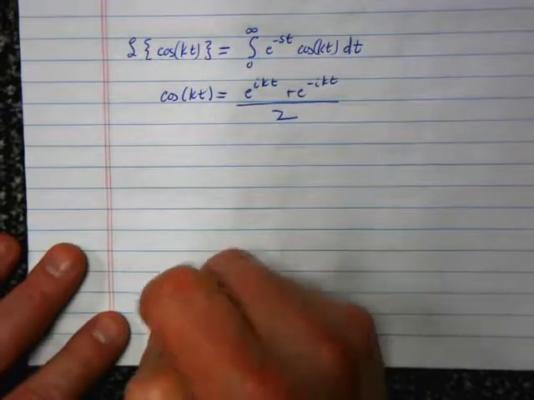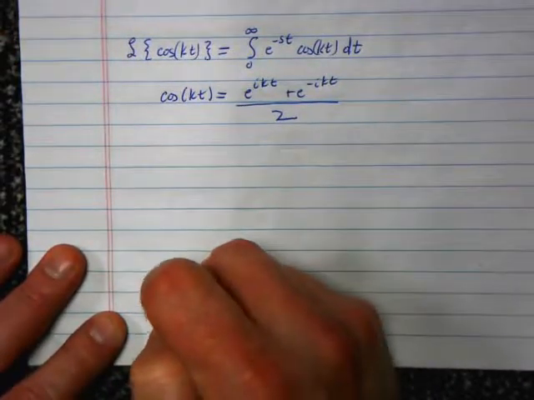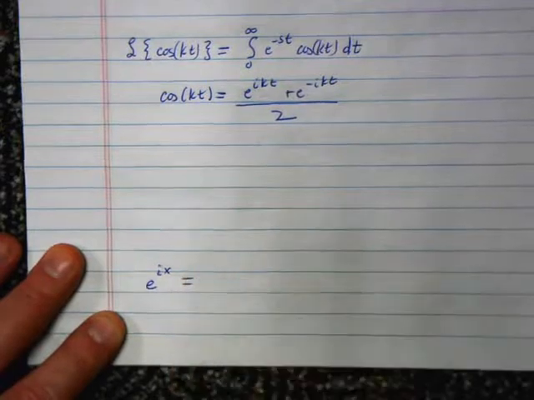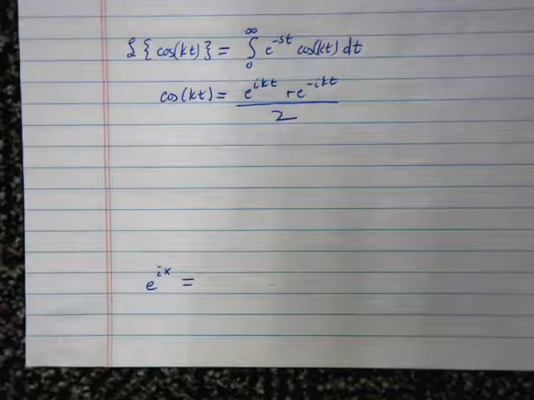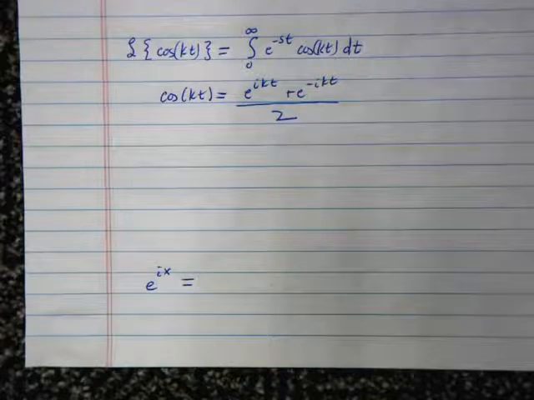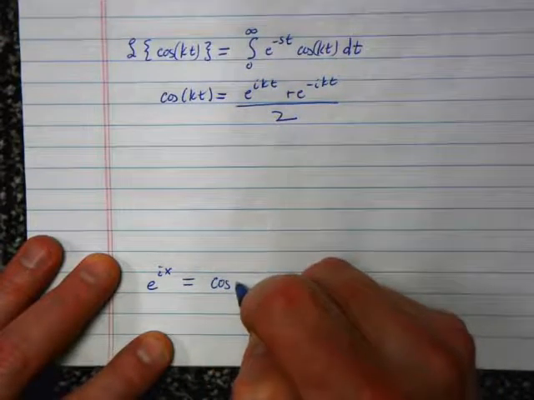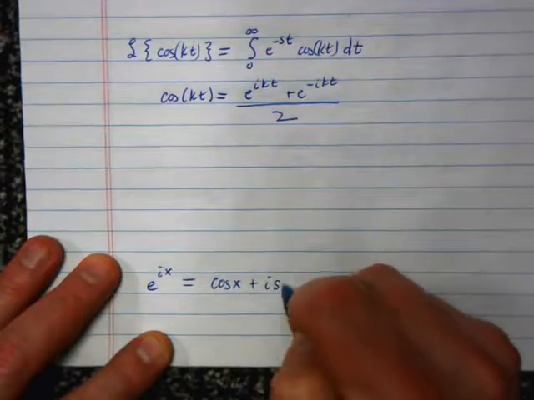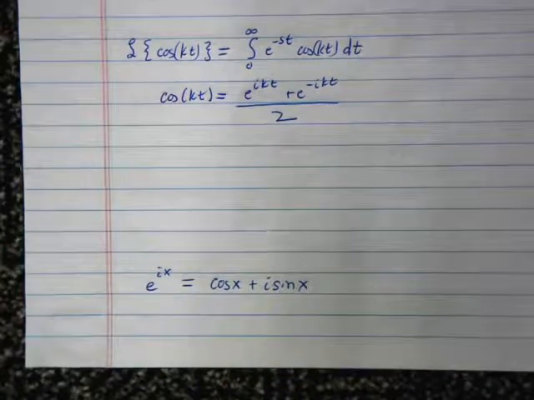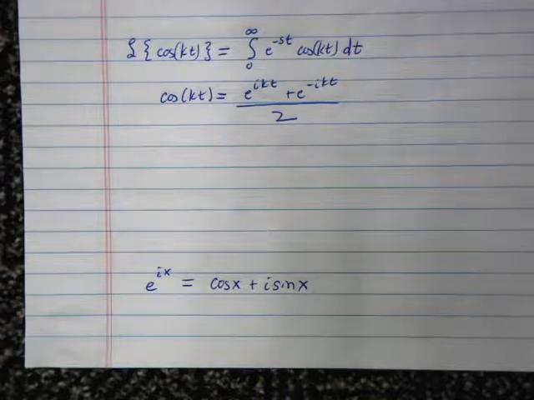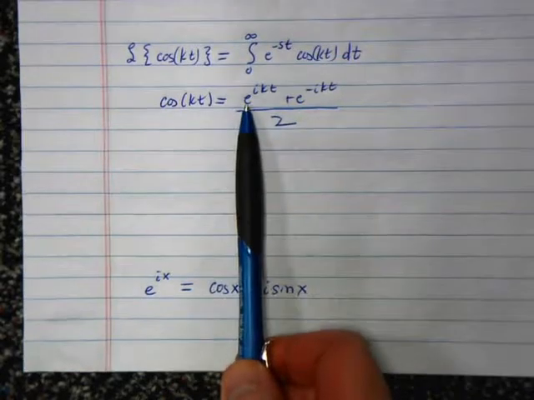We took e to the ix and plugged it into the series expansion for e to the x, and we saw that this became cosine x plus i sine x. This was Leonard Euler's technique. Anyway, the moral of the story is, you don't have to remember why. The moral of the story is cosine can be written in terms of e.